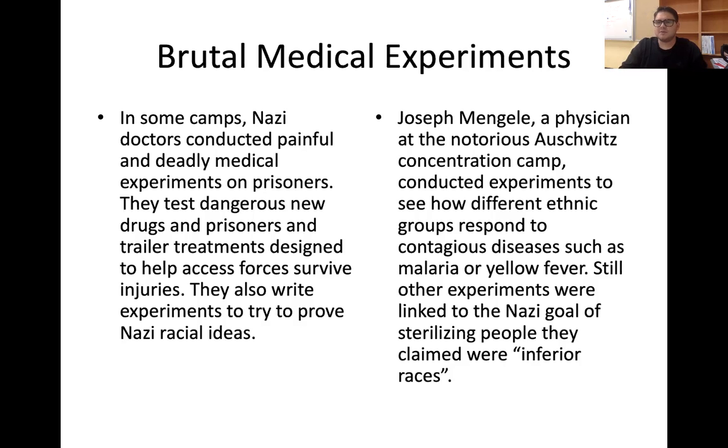So what they would do is they would inject people's sexual organs with chemicals and chemically castrate them, and just a whole bunch of terrible things. And one of the things that they did was they would take racial groups. So for example, they would take a group of Slavs from a village, and they would keep them contained in a building, and they would give them smallpox, right? They would give them yellow fever, malaria, and then they would go in and write down how long they would last.